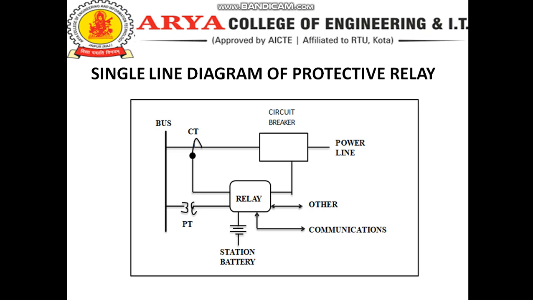When an abnormal condition occurs, the current and voltage values will change and give a signal to the circuit breaker to isolate the faulty section of the circuit to protect the healthy section or the rest of the live system section, as shown in the figure.